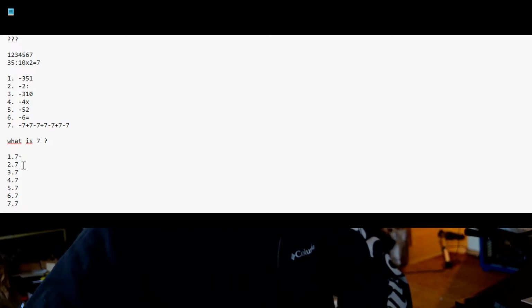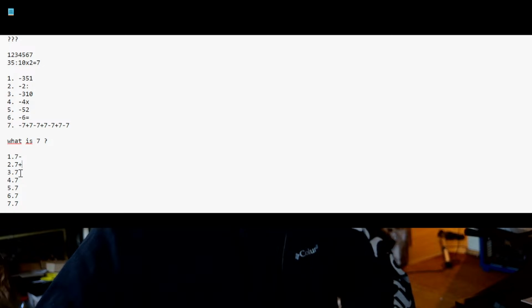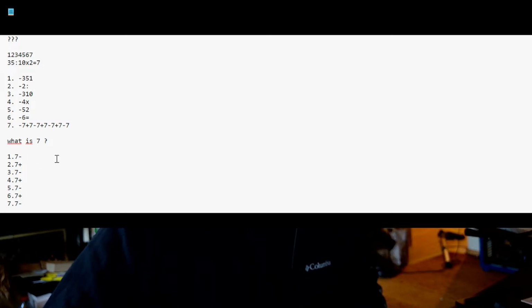We can put here minus, and we can put here plus, and minus, plus, minus, plus, and minus. And we have another possibility: we can put here plus, then minus, plus, minus, plus, minus, and plus, right?